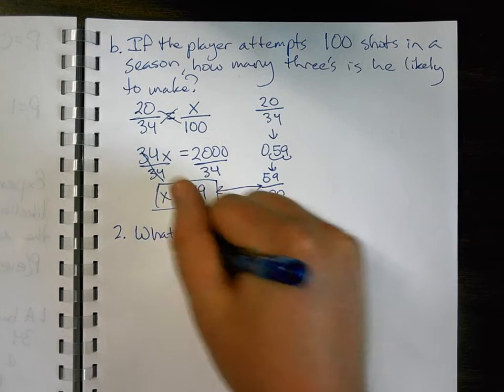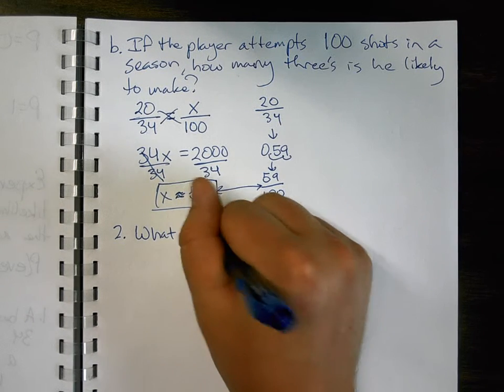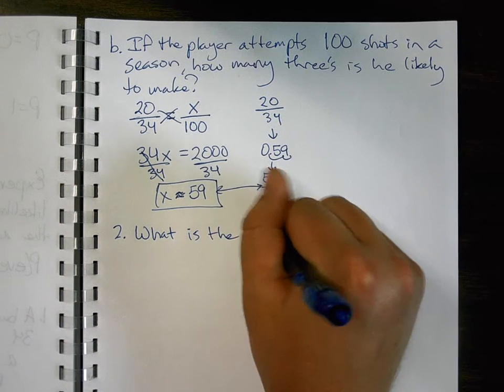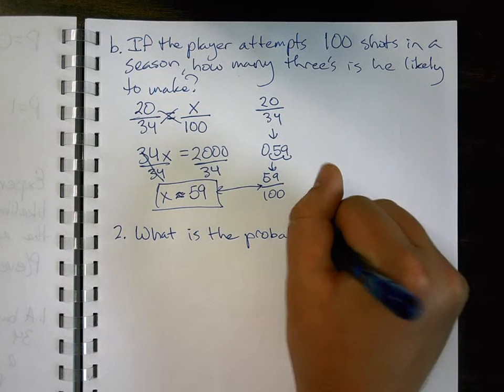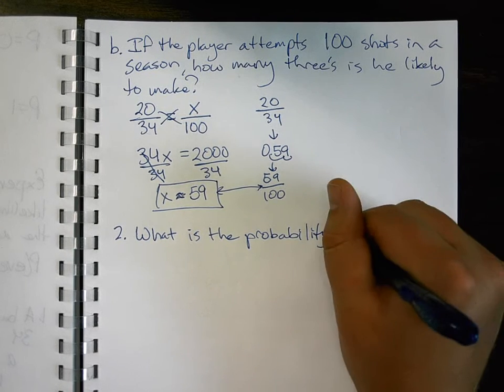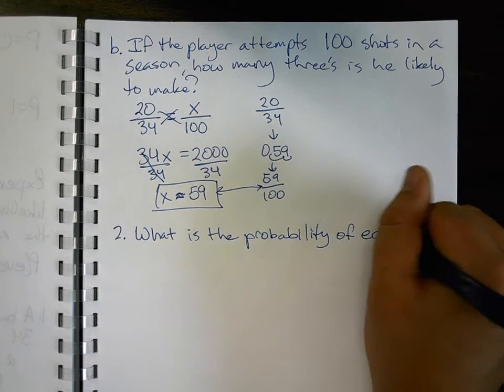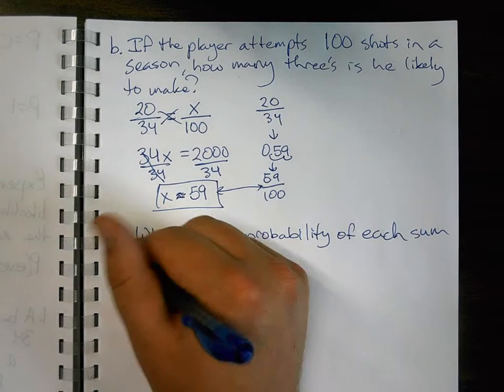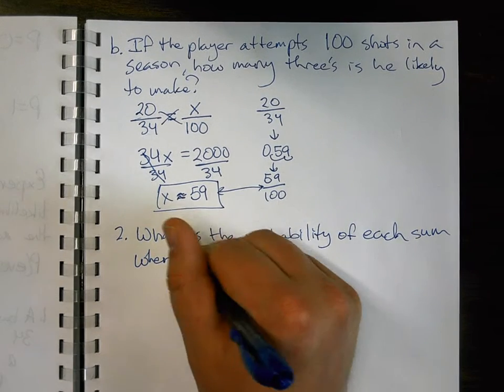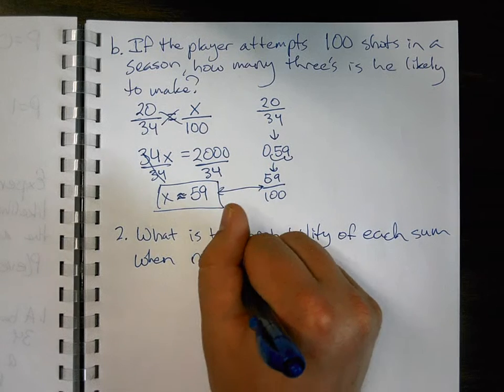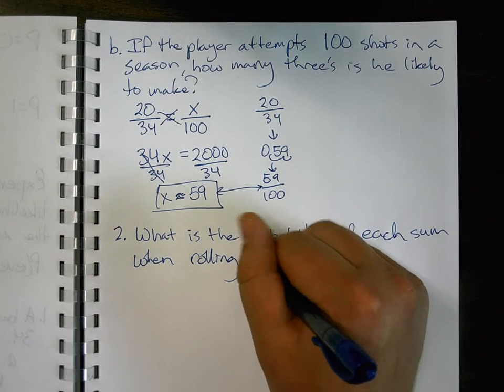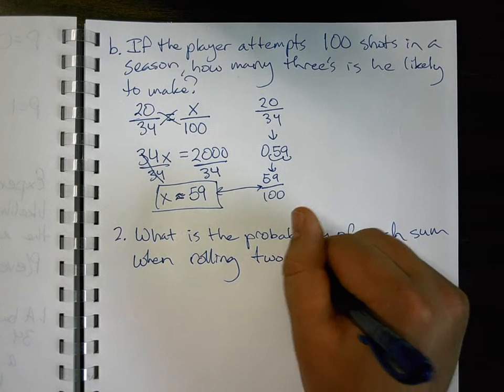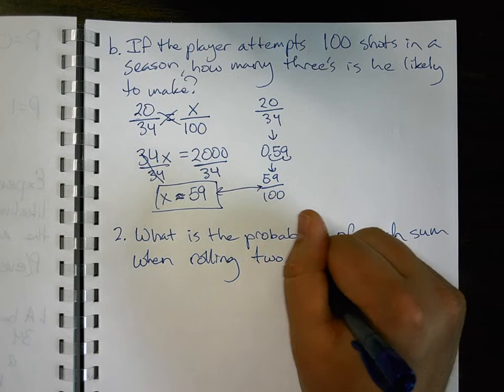What is the probability of each sum when rolling two six-sided dice?